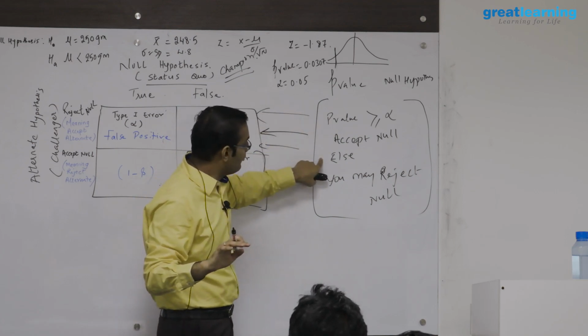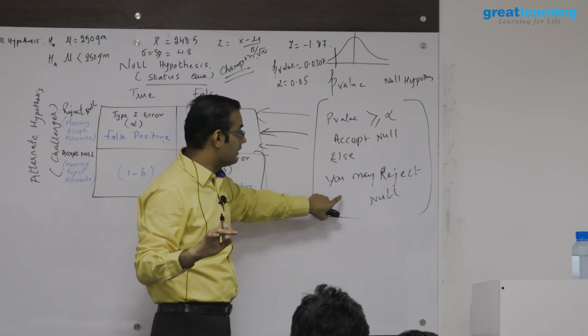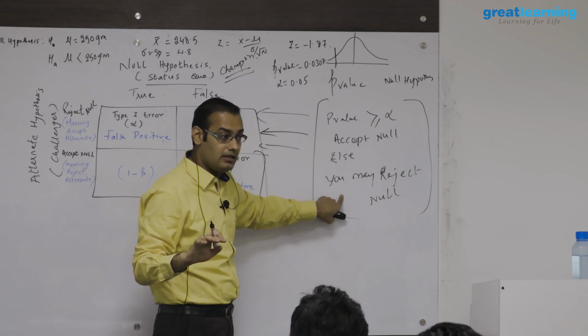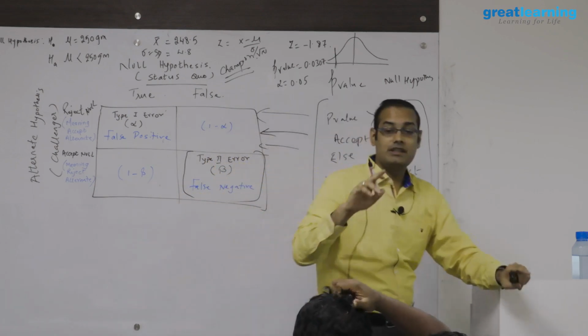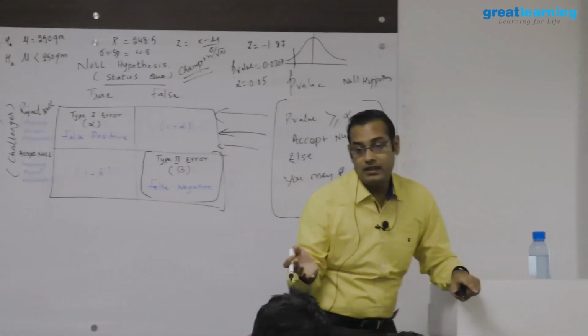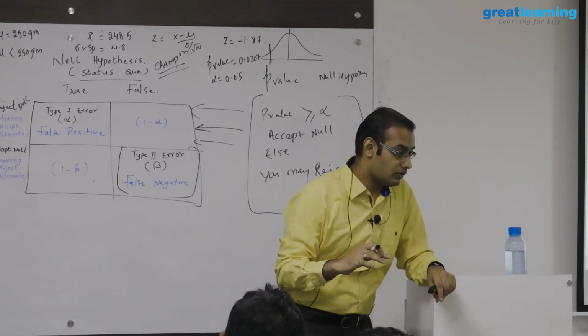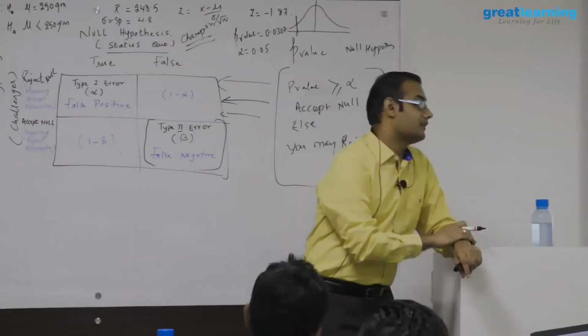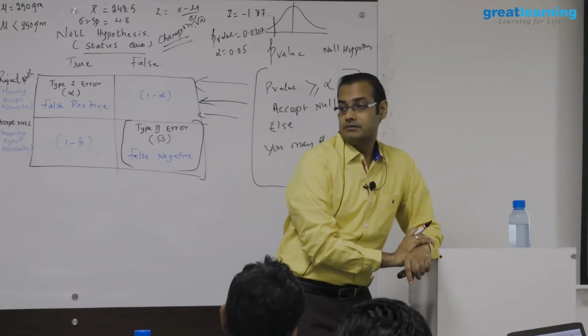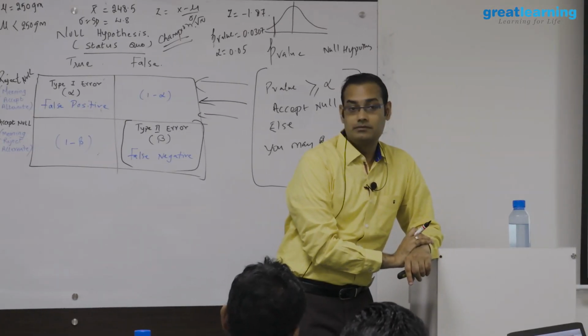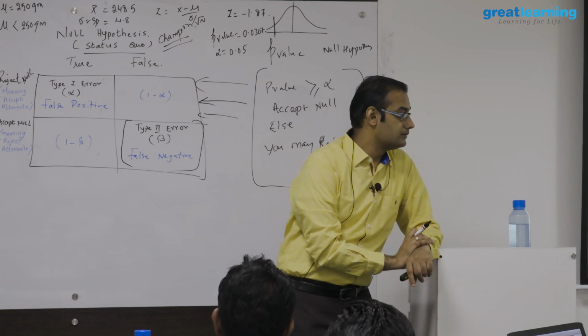If it is less than alpha, then reject null. If you reject null, which means alternate hypothesis that he is selling underweight is valid. So at a 5% confidence level, I can say the person is selling underweight. Is that logical? Does that make sense?